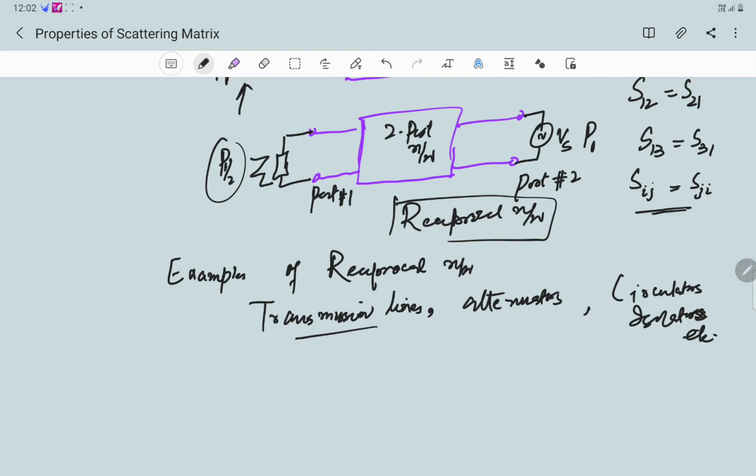See, in a transmission line, as you know, whether you connect a source on this side or on that side, the power delivered to the load would be the same.